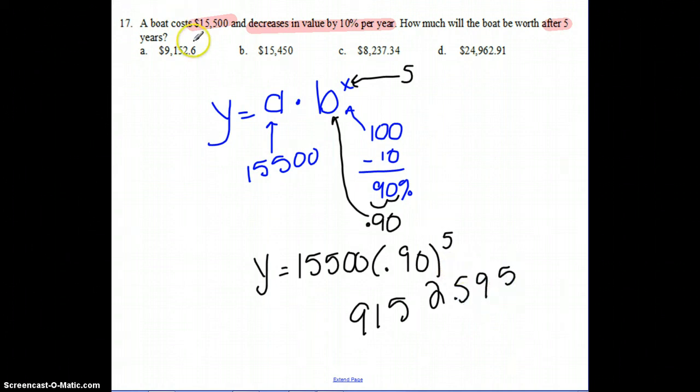Now I'll tell you, in looking at this one, a zero is missing there. I can already tell that right now because it's money, which means 2 decimal places here, which means it should be $9,152.60, which means that A is going to be the answer. Okay, our next problem.